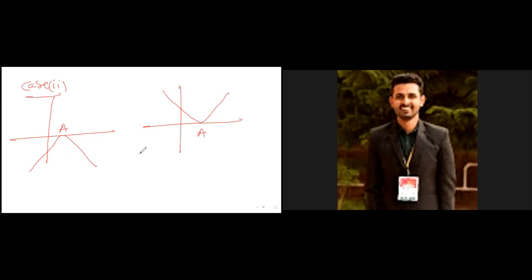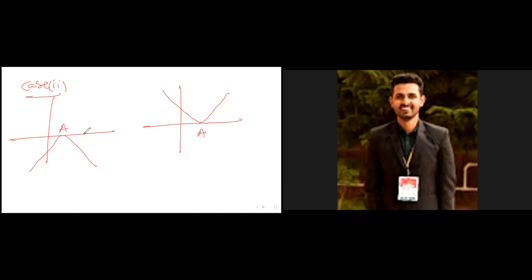How many intersections do you see with the x-axis?